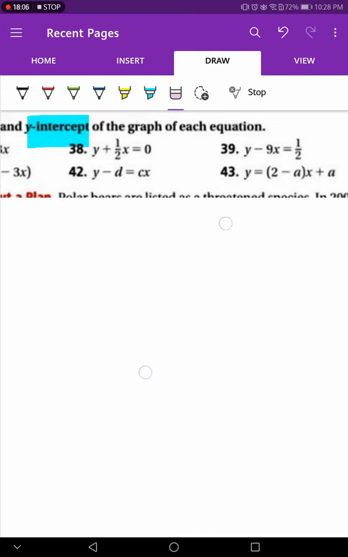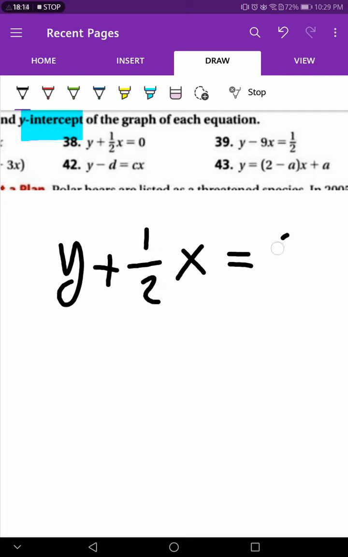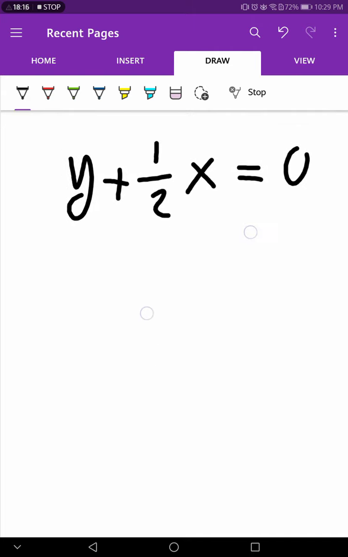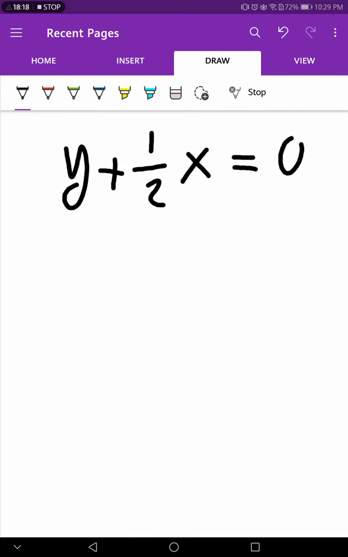For example, let us do number 38. y plus 1 over 2x equal 0. Don't miss your mission. You have to find the y-intercept and the slope. But I cannot find them until I make the y alone and happy.